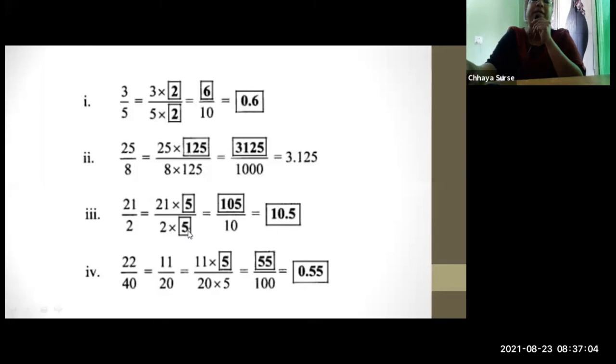That's why here we multiply by 5, because we want the power of 10. 2 multiplied by 5, the answer is 10. If your denominator is multiplied by 5, the numerator is also multiplied by 5. So 21 multiplied by 5, the product is 105, and 2 multiplied by 5 is 10.